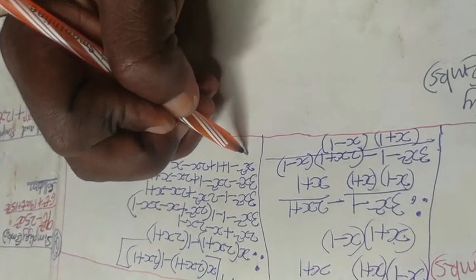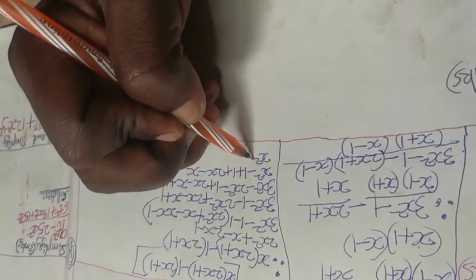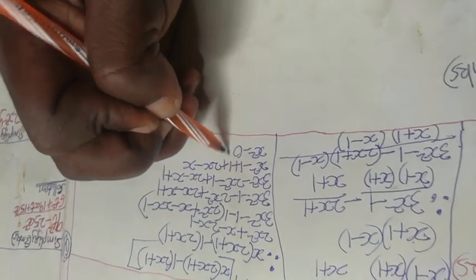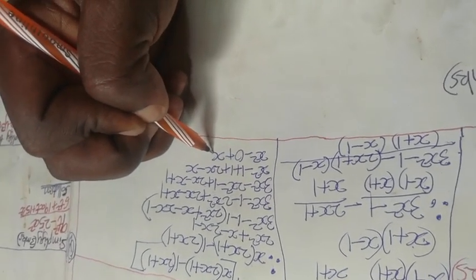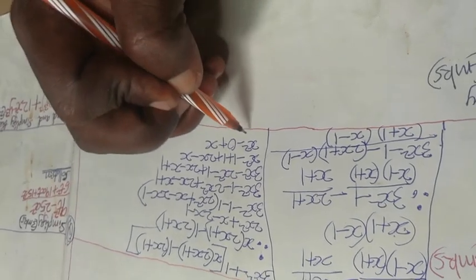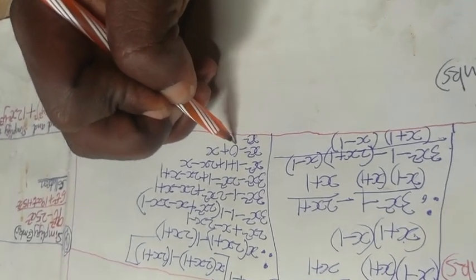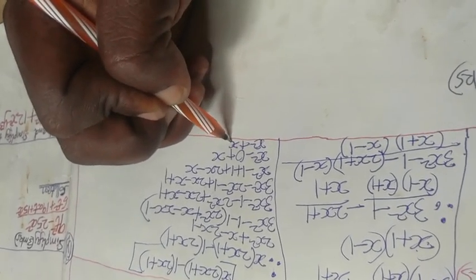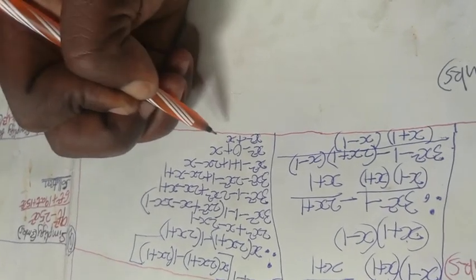Hence, x squared minus 0 plus x will further give us x squared plus x.